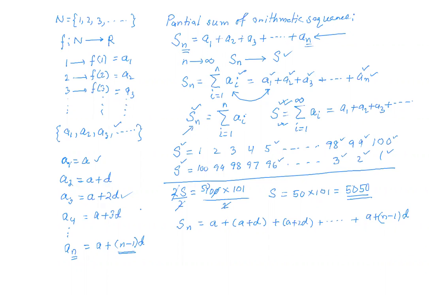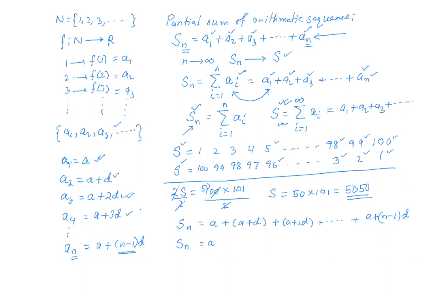But instead of writing A1, A2, A3, and AN, I wrote down the terms A, A plus D, A plus 2D, A plus 3D, and so on. Now I'm going to write down Sn again, the same thing in reverse order.